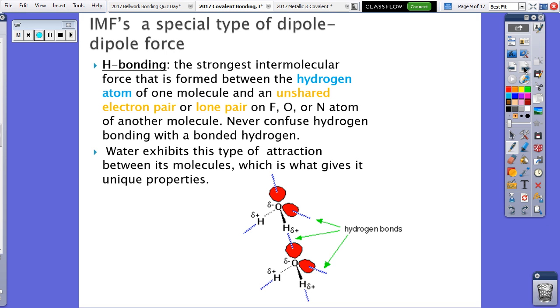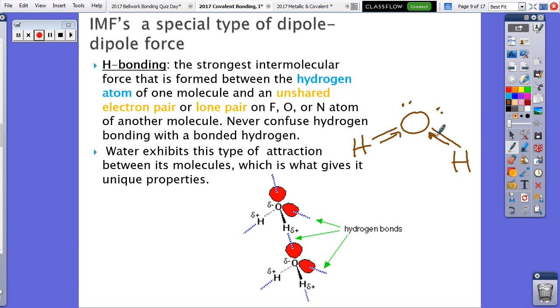So if we were going to draw the Lewis structure of water, okay, water has two lone pairs on one side of its molecule. So what makes water special is not only is oxygen very electronegative compared to hydrogen, so it's a really big bully pulling on their shared electrons.